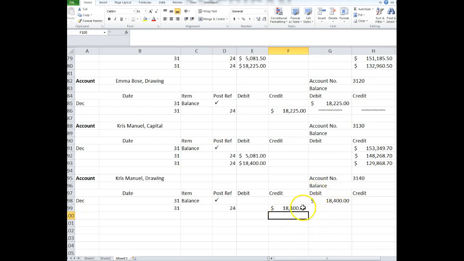Jordan, look. This right here, look. We have a debit, so we credit it here. So there it is. You see that? That's how it is moved out of the drawing into the capital account.